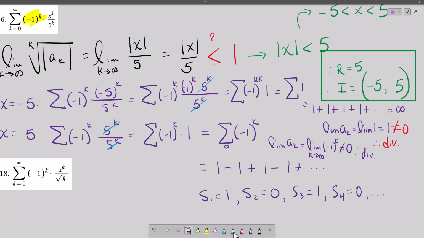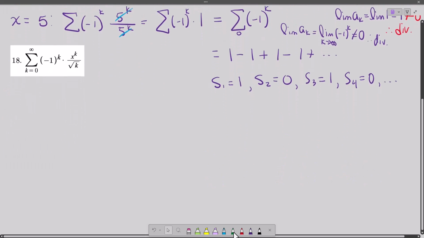Converge. Because for an alternating series, the only rule is that the terms have to go to 0. If the limit is 0 and it's alternating, you're going to have convergence. So alternating series are relatively easy to analyze, because as long as the a sub k is going to 0, it converges. It will pass the alternating series test.